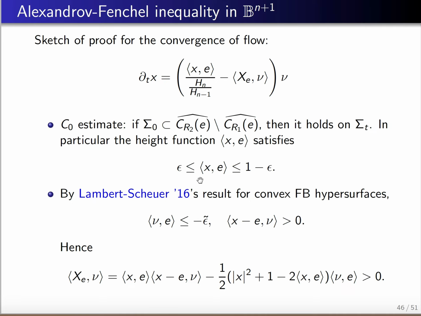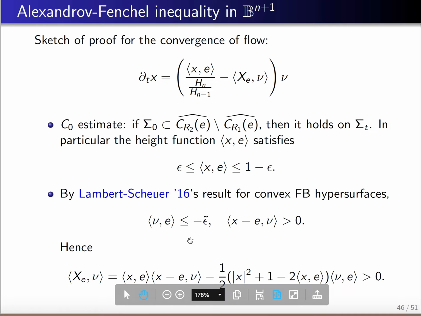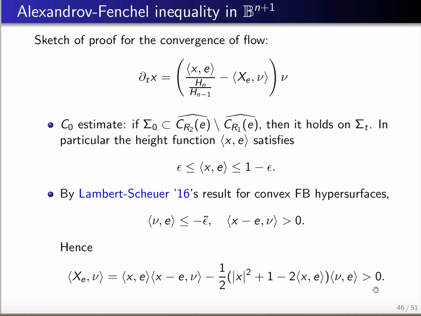Okay, and by Lambert-Scheuer's result for convex free boundary hypersurfaces, you can see that this x dot nu is in fact positive along the flow. That means, in fact, this is what we talked about in the second part, that the hypersurface is star-shaped in this setting.